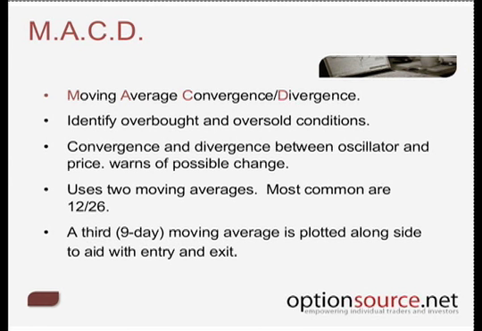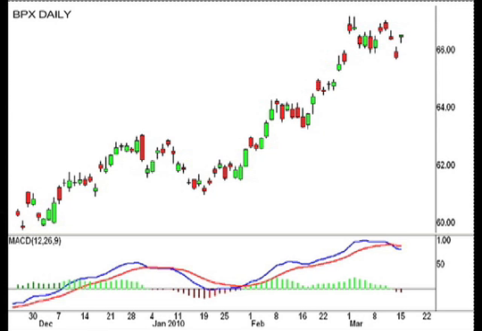And what happens is there's a second line that's added in, which is known as the signal line, and that's usually a 9-day. In this case, we'll say 9-day, but it would be a 9-bar moving average, and that helps identify particular entry and exit opportunities. So let's take another look at our price charts here, and I just kind of want to pull things together with respect to what we're looking at now.